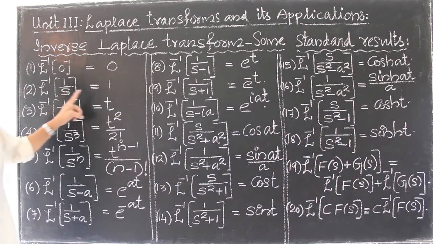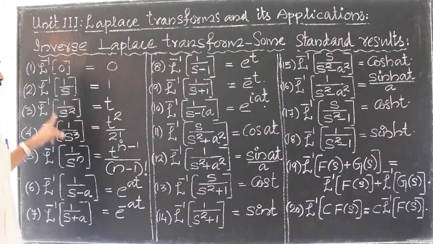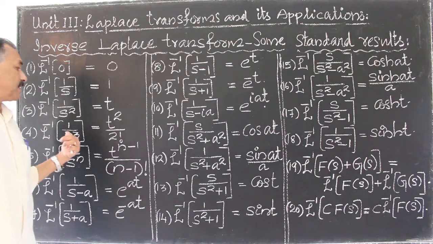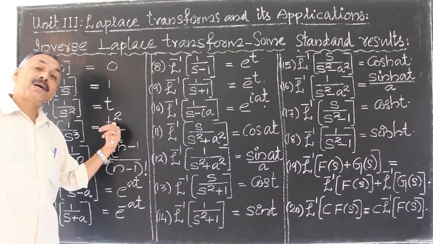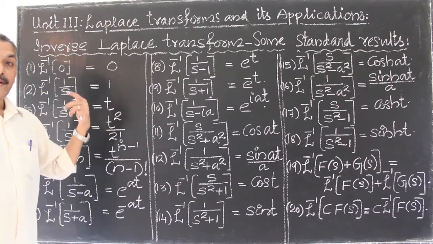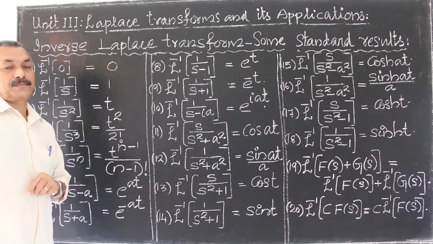Then what is Laplace transform of t? L of t is equal to 1 by s square. Therefore, L inverse of 1 by s square is equal to t. Then what is Laplace transform of t square? Laplace transform of t square is equal to 2 factorial divided by s cube.